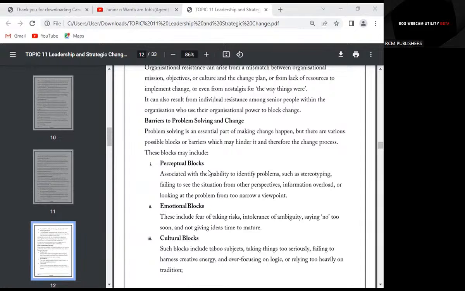Yes, when we began our class on this part of change, we said that changes are normally influenced by people's perception, which is determined by the situational factors or the environment where they operate. So a perceptual block is on the perception, having a preoccupied mind about something, and that can also affect any change.